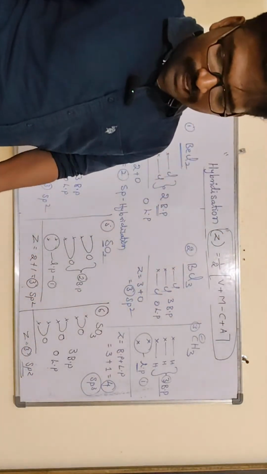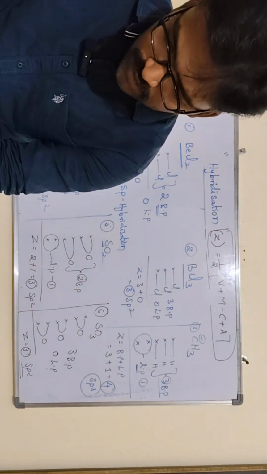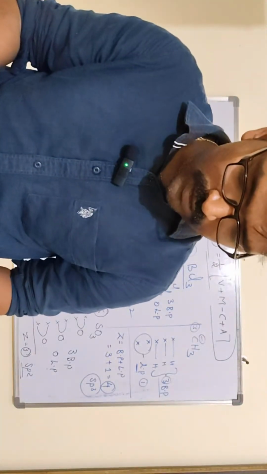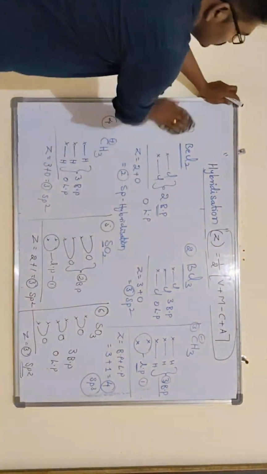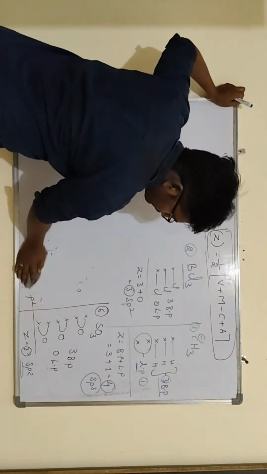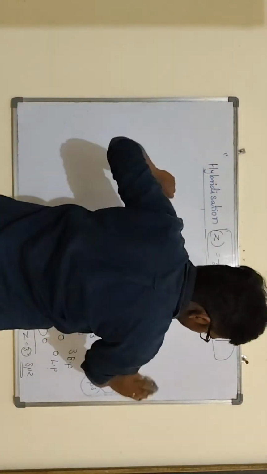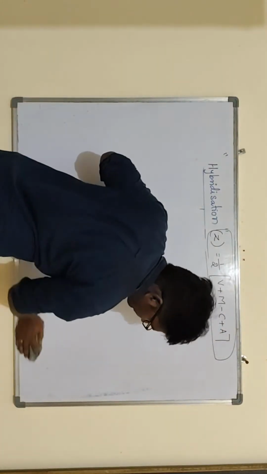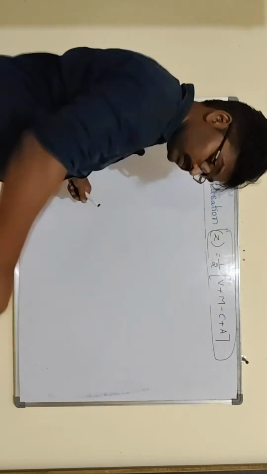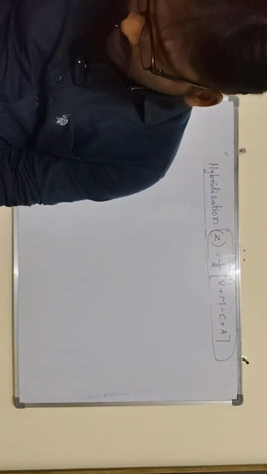Clear? So like this, many examples we can find out by using this method. Some more examples we'll see. So what are some more examples?